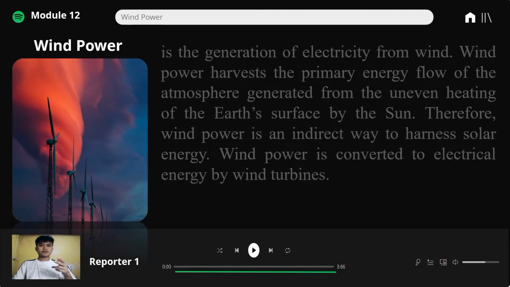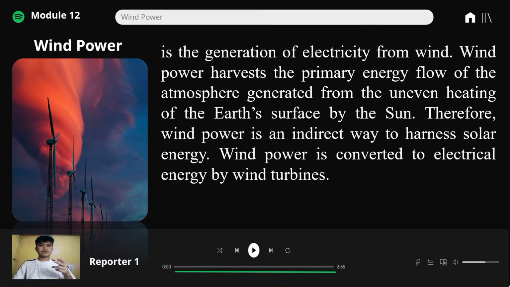Wind power. Wind power is the generation of electricity from wind. Wind power harvests the primary energy flow of the atmosphere generated from the uneven heating of the Earth's surface by the sun. Therefore, wind power is an indirect way to harness solar energy.